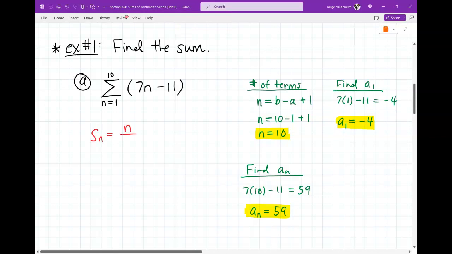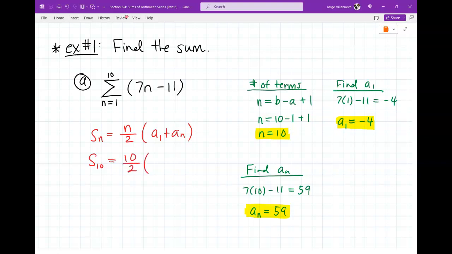So I'm just going to rewrite the formula again. So I know n is 10, so s sub 10 is equal to 10 over 2 times a sub 1, which is negative 4, plus a sub n, that's 59. So I get 10 over 2, that's 5.